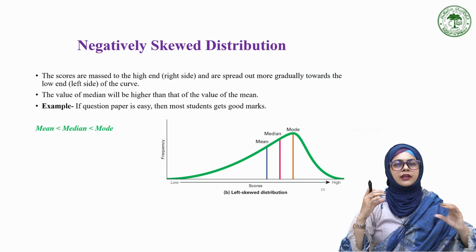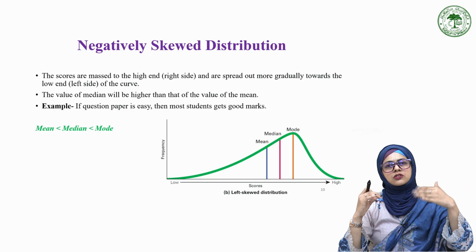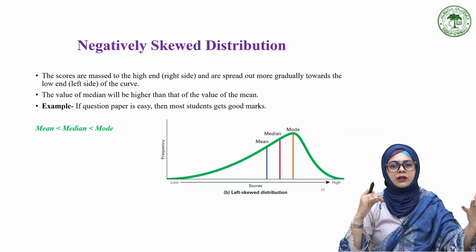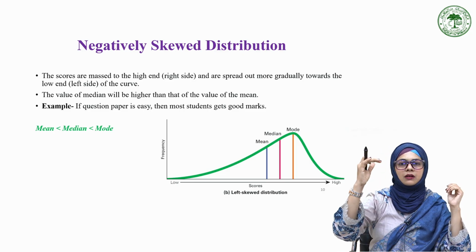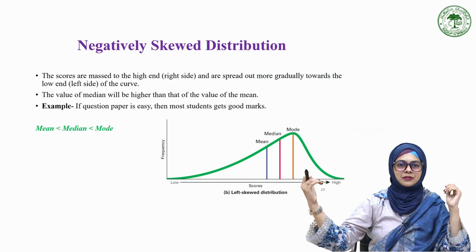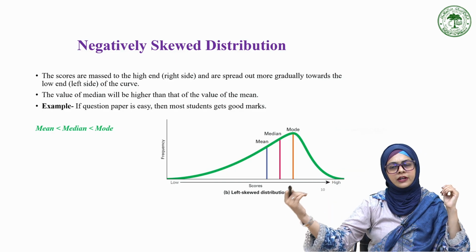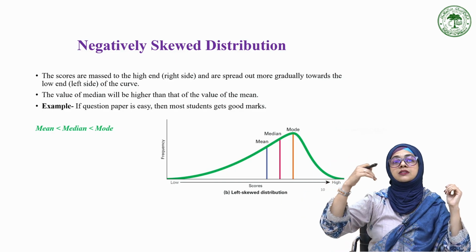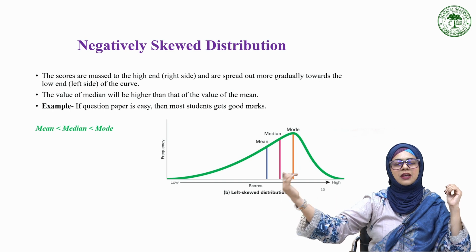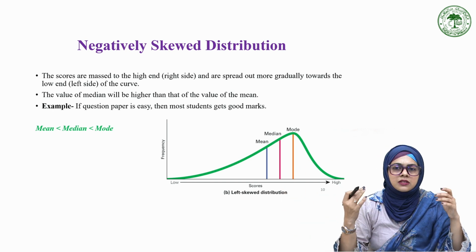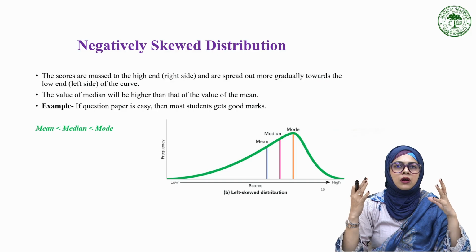The long tail on the left side represents the presence of very low or extreme values, and the peak is towards the right. So most of the data cluster towards the higher values, indicating generally very strong performance or higher scores.